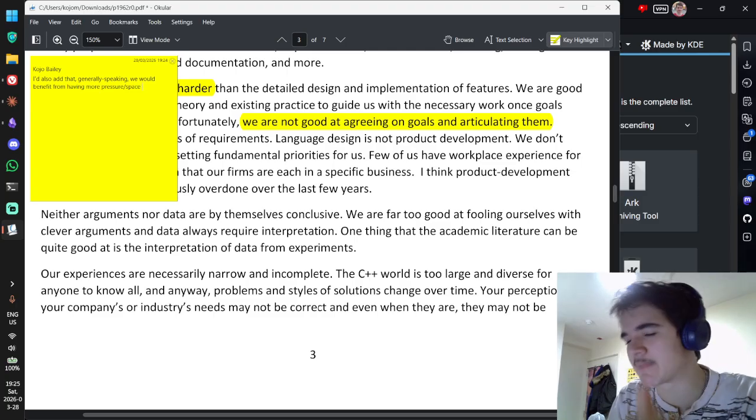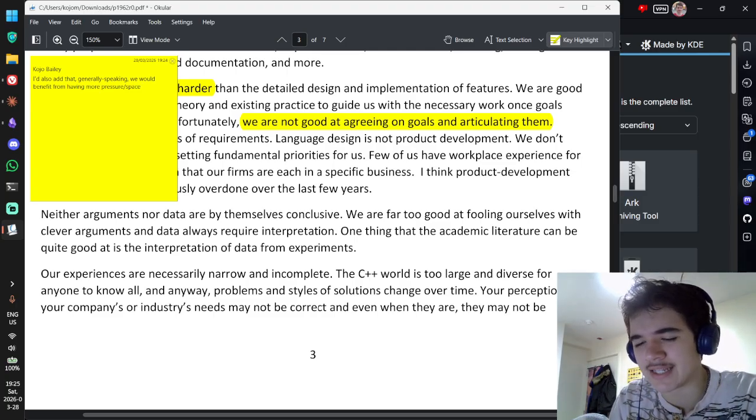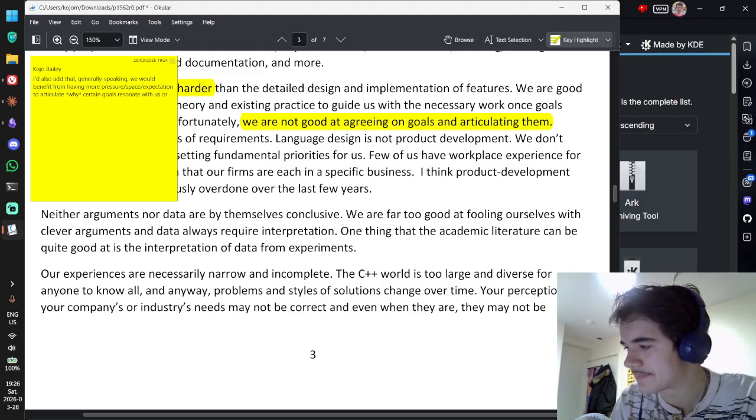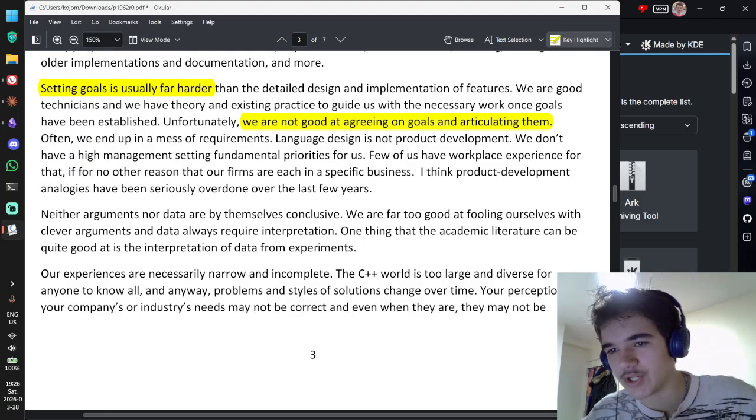Not like "you must do this", but having more freedom, or incentive or drive, but expectation even, to articulate why certain goals resonate with us or rub us the wrong way, to use idiomatic language.